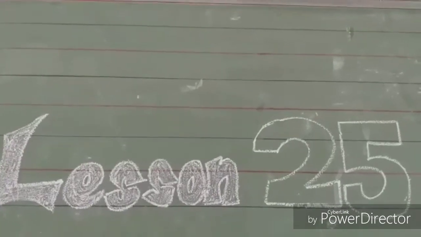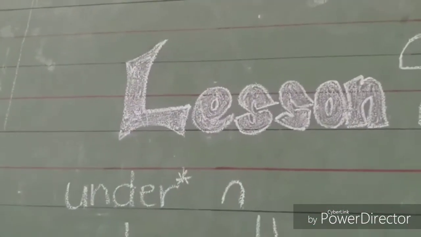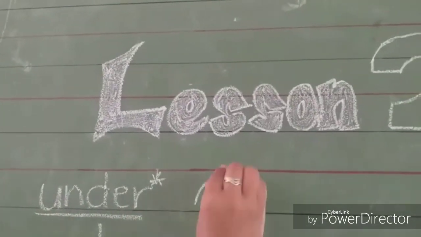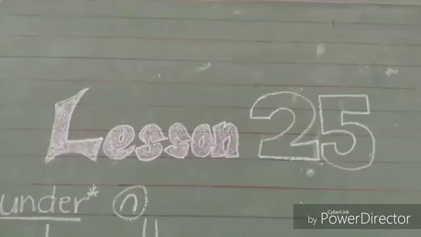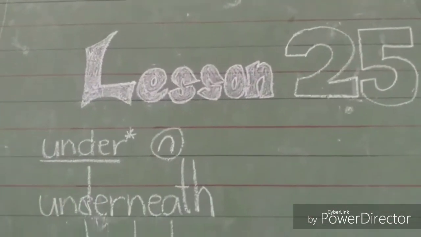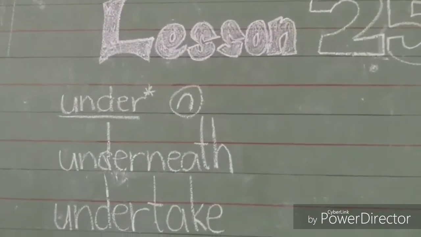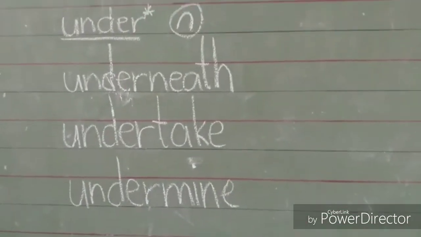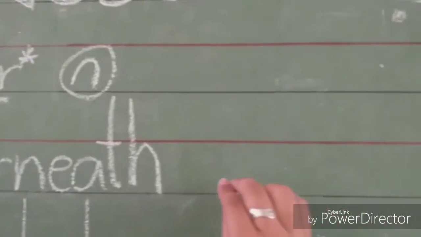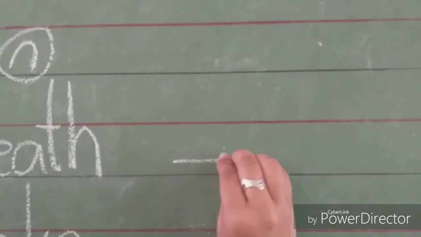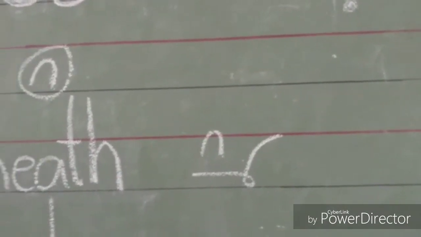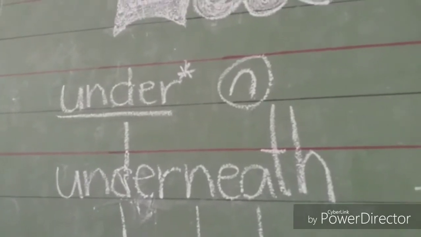In lesson 25, let's discuss further the word under, which represents the stroke of OO. The outline for under is written above the following shorthand stroke. It is also used as a prefix form, as in OO and NETH for the word underneath.